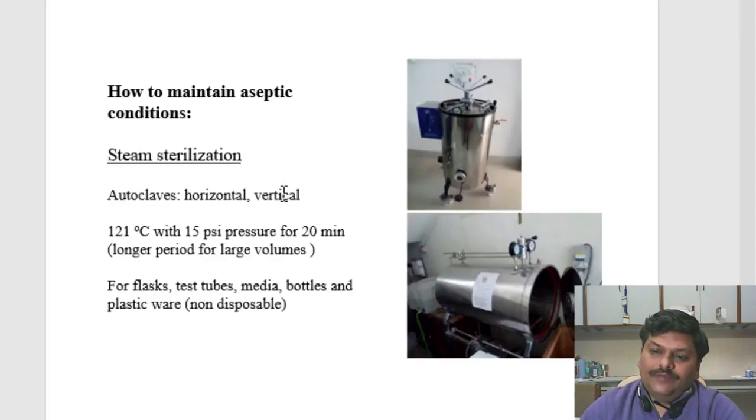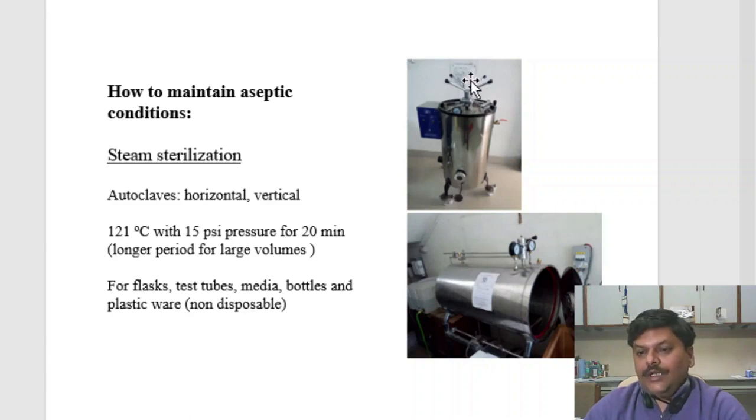So what are the methods available to us? Most of the time the instruments and the media and the vessels, glasswares, all these things are sterilized by autoclave. As I told you, autoclave is just like a big pressure cooker. It creates a temperature of 121 degrees centigrade by using water steam and a pressure of 15 environmental pressure or 15 psi.